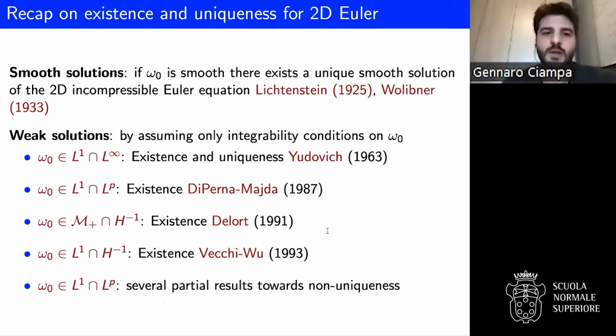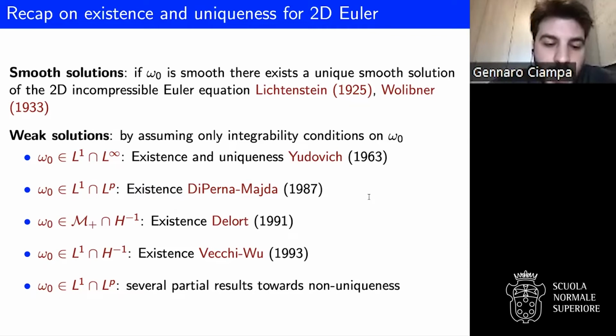So before continuing, let me do just a brief recap about the known theory of existence and uniqueness. It's a rather old result that smooth solutions exist and are unique, but on the other hand, for weak solutions, the only existence and uniqueness result is the one of Yudovich, and it goes back to '63. While for the existence part, there are several results under several integrability conditions on omega 0, and the one which will be important in our analysis is the one of DiPerna-Majda for vorticity which is unbounded.